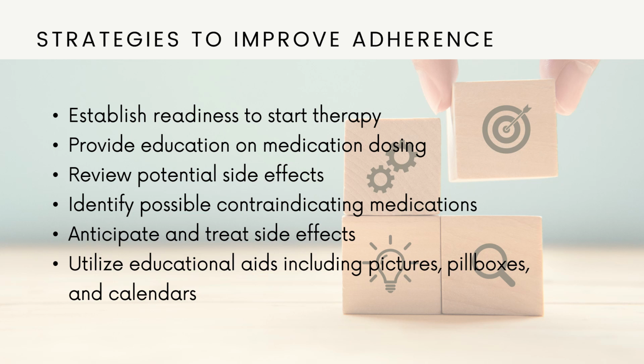We can establish readiness to start the therapy by counseling itself, provide education, review the potential side effects, identify any contraindications in the treatment given, educate them on the possible side effects that they might encounter, and utilize all the educational aids or tools that they can access, like pill boxes, calendars, or any medication taking apps that they can use according to their preferences or their ability.